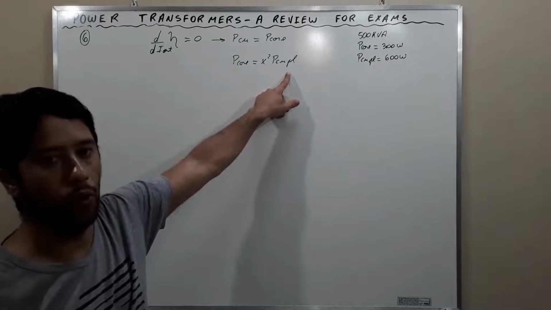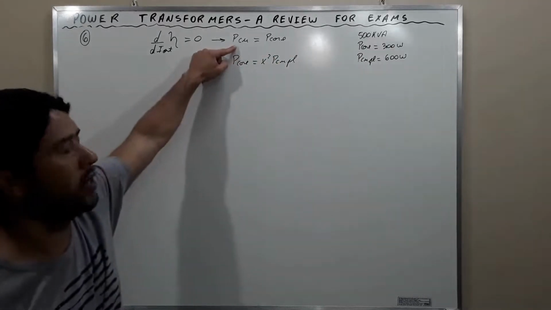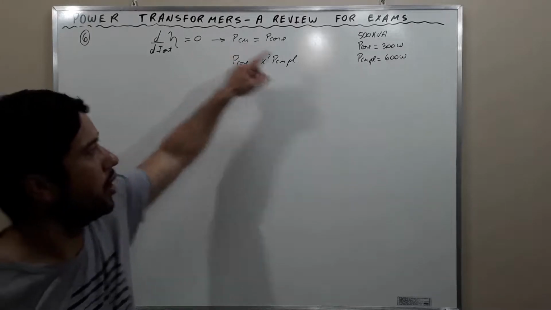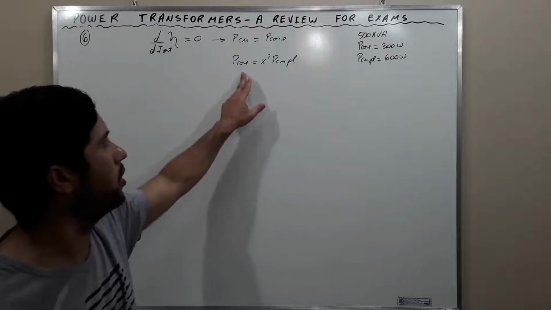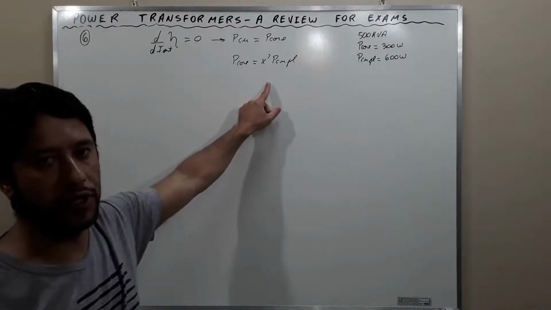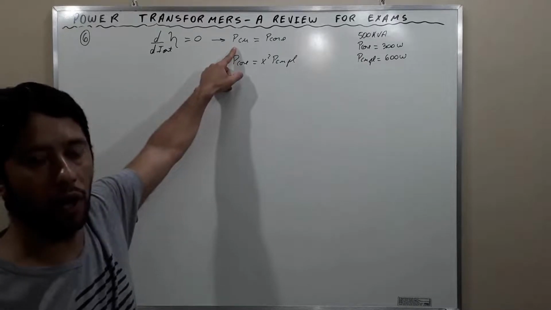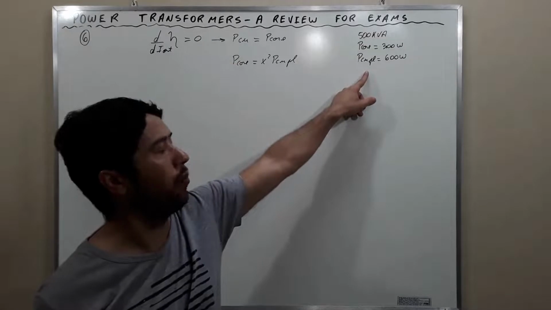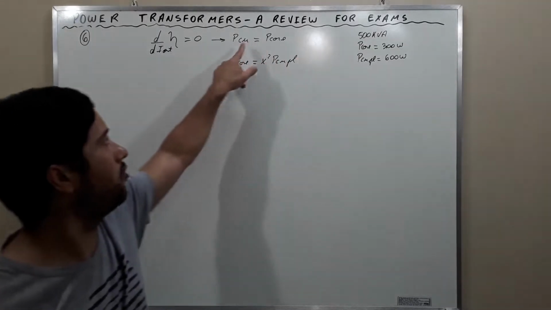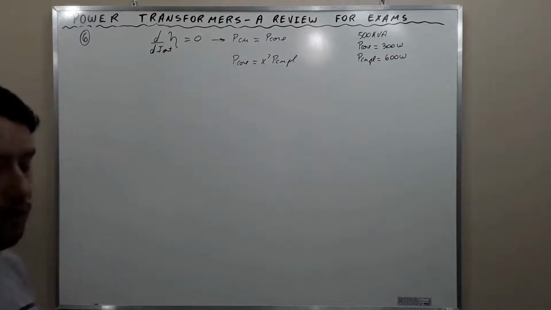But we do not want this full load. We want to find the portion of the copper losses at full load that enables maximum efficiency, and this portion has to be equal to the core losses. Only when the portion of the copper losses at full load is equal to the core losses, we have maximized the efficiency.